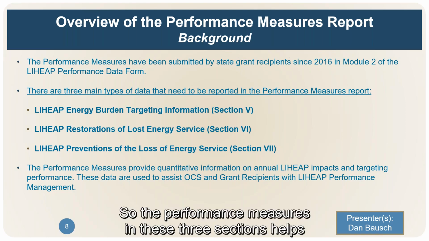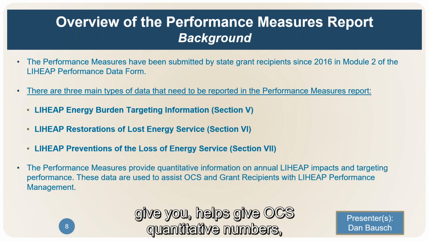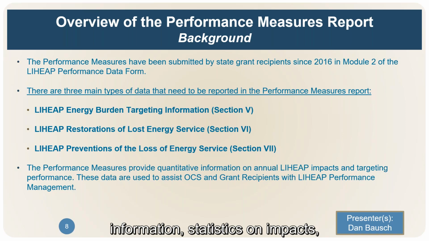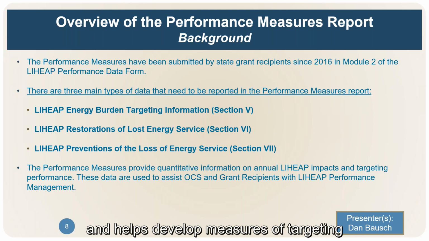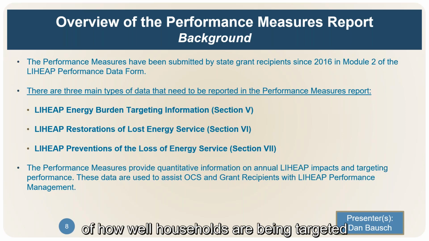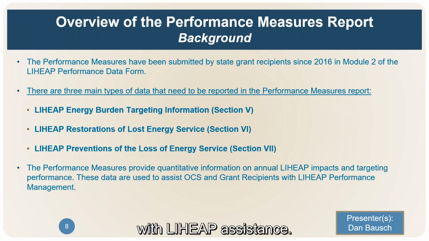So the performance measures in these 3 sections help give OCS quantitative numbers, information, statistics on impacts and help develop measures of targeting, of how well households are being targeted with LIHEAP assistance.